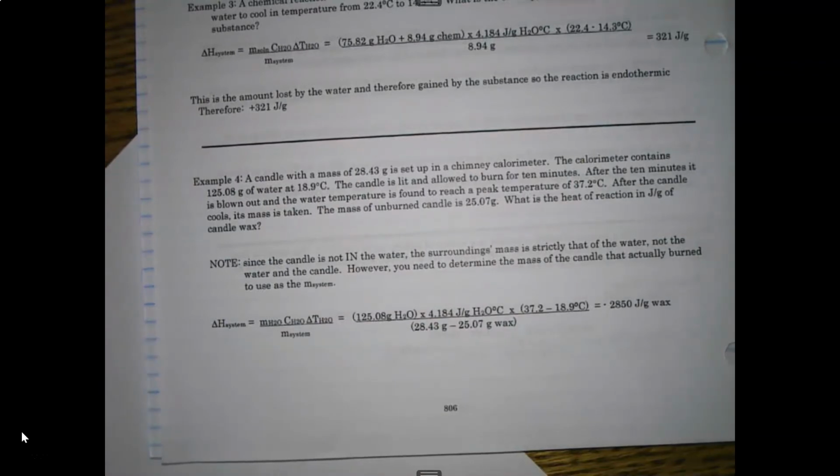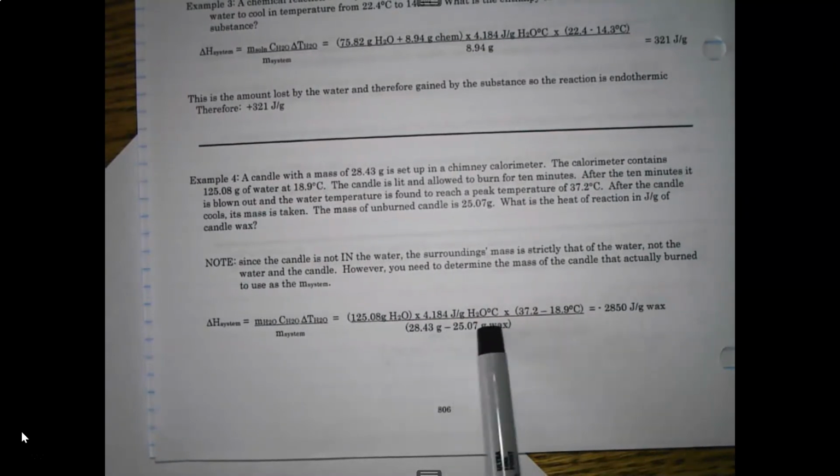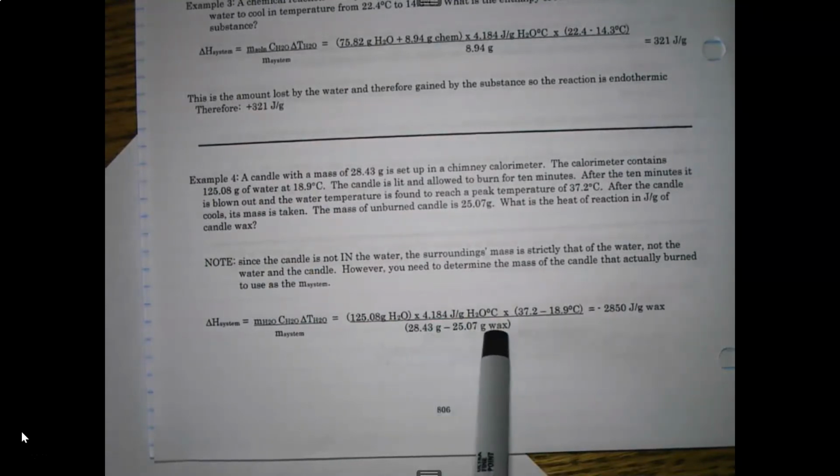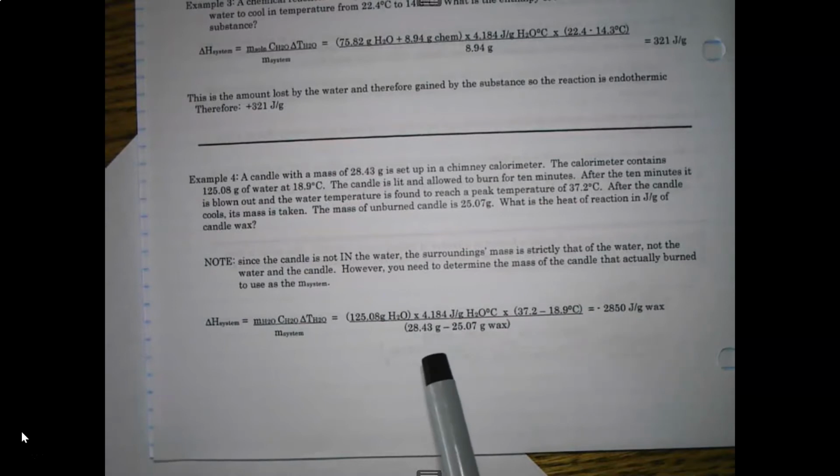The wax is not in the water. Temperature changes here. The amount of wax that actually burned, how much wax actually generated the heat that we're measuring, well, it's going to be the difference between those two. So keep that in mind. If your entire system didn't get used in the calculation, you have to use whatever quantity actually did get used.